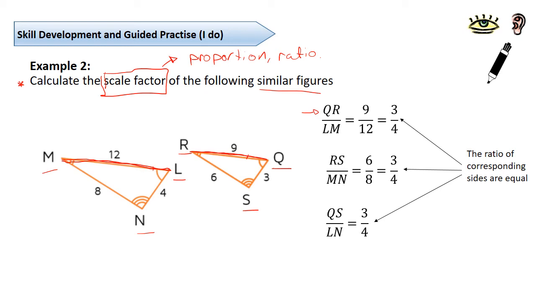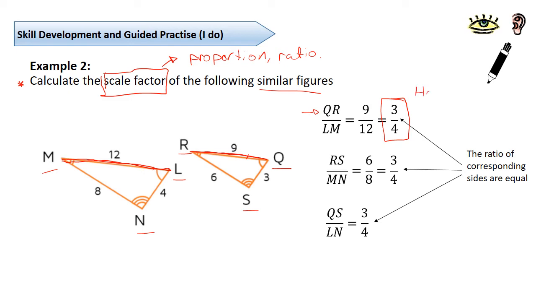What we found when we put those numbers in, the length from Q to R and the length from L to M being 9 and 12 respectively, and simplifying that fraction, was 3 on 4. So what that means is that if we multiply LM by 3 on 4, we get the length QR.